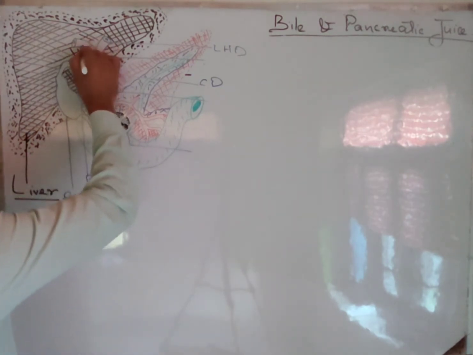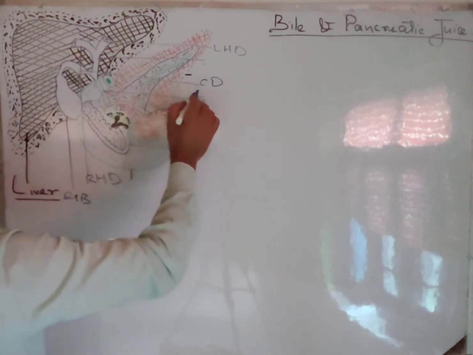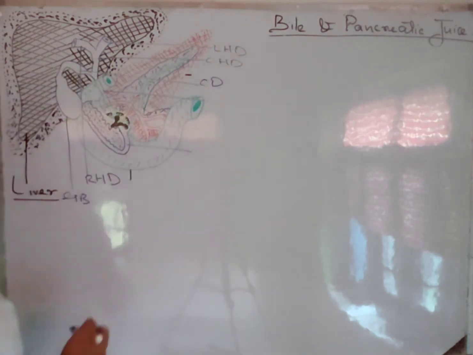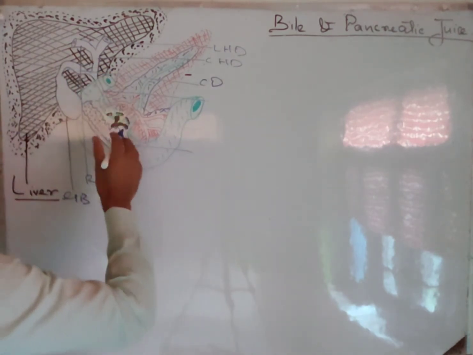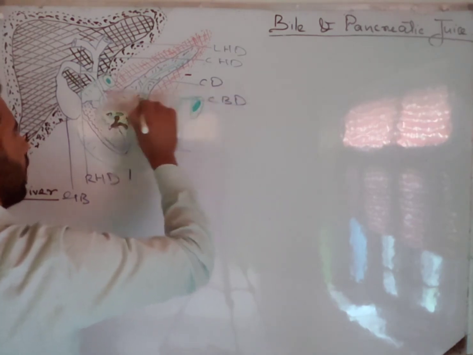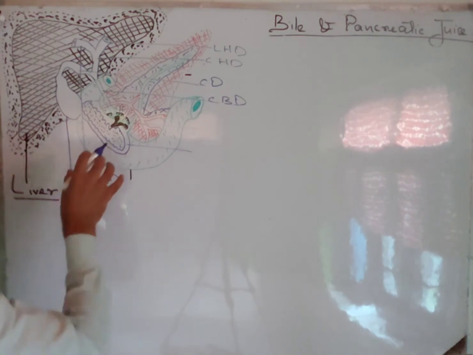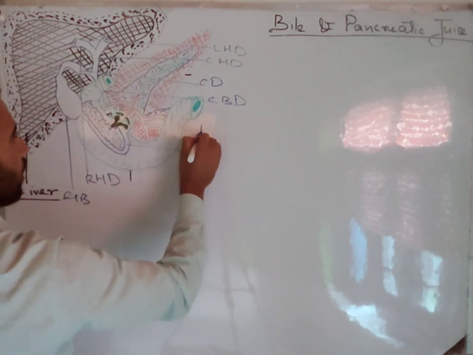When the right and the left hepatic ducts get combined with one another, they merge and form a common duct known as the common hepatic duct, and the common hepatic duct merges with the cystic duct to form a large common duct known as the common bile duct. Then the common bile duct finally fuses with another duct which is draining the pancreas, known as the pancreatic duct.